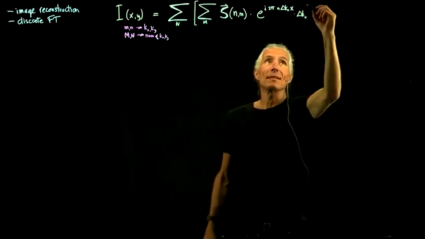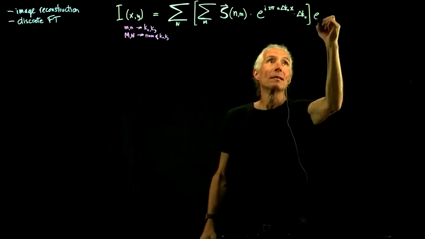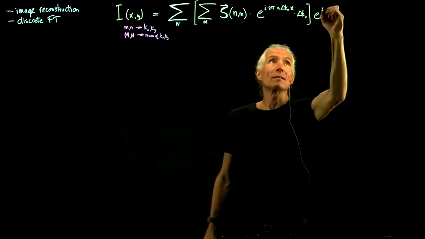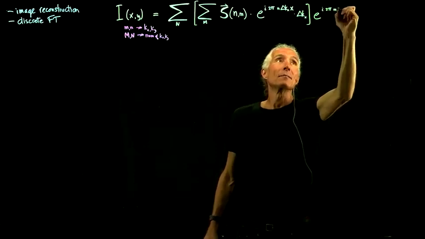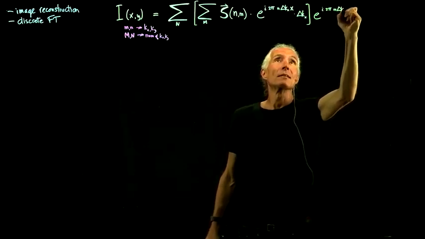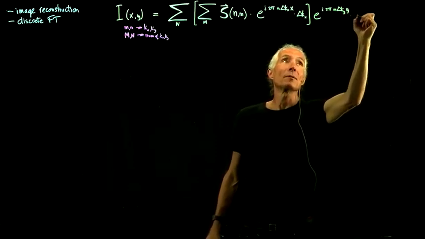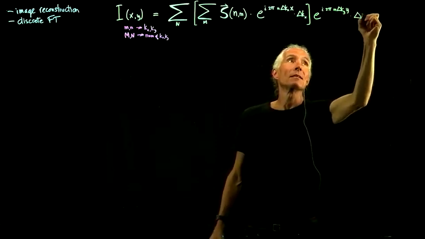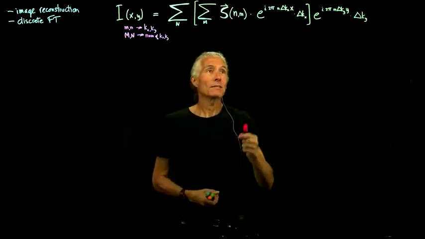Okay, so that's our first 1D Fourier transform, and then we have to multiply by our second one, which is the same, i 2 pi, but now it's m times delta ky times y, multiplied by delta ky. So what's going on here?